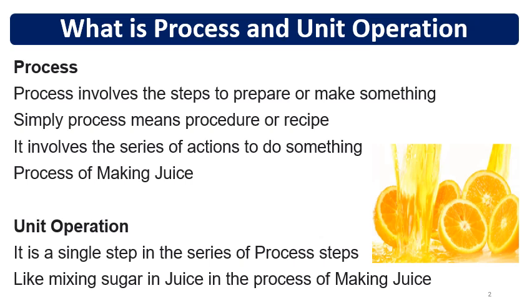This process of mixing the sugar into the juice becomes a unit operation. That means mixing becomes the unit operation in the process of making juice. Then the series of actions or steps will be known as the procedure or process for making the juice.